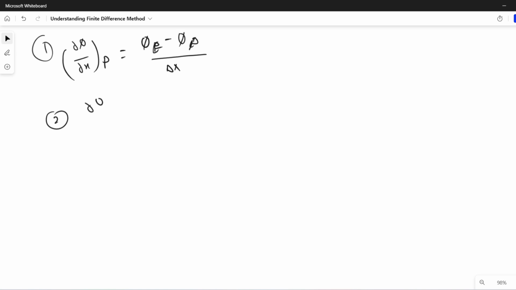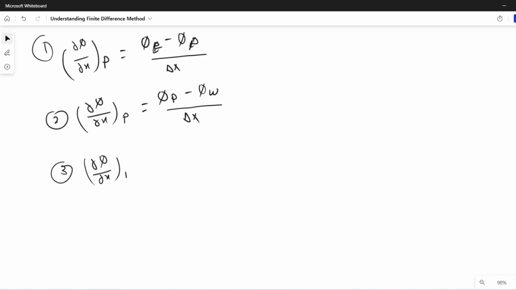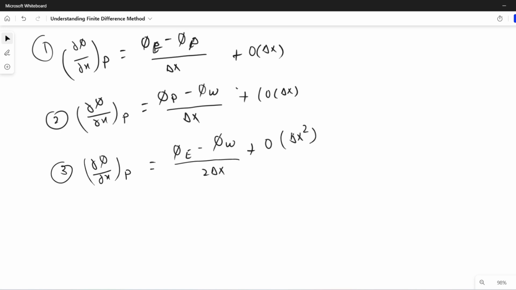The second one was dou phi upon dou x at point P equal to phi p minus phi w divided by delta x. The third one was dou phi upon dou x at point P equal to phi e minus phi w divided by 2 delta x. The first was first order accurate, the second was also first order accurate, and this one was second order accurate.